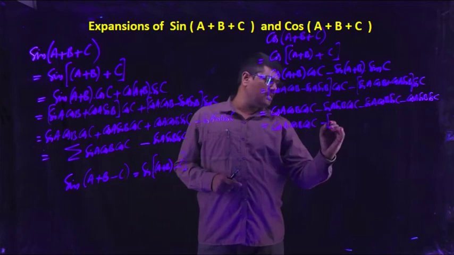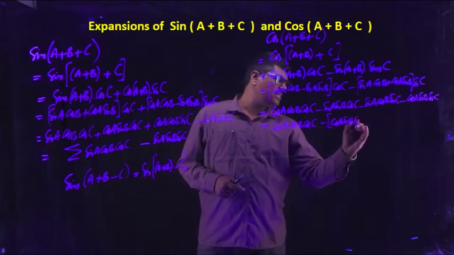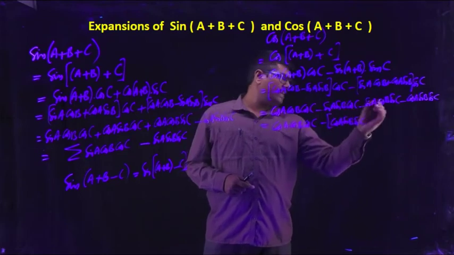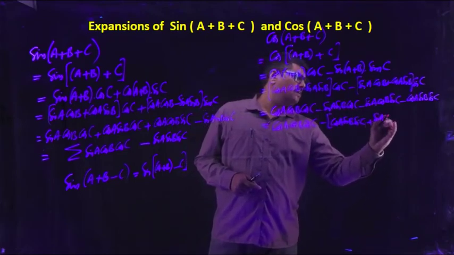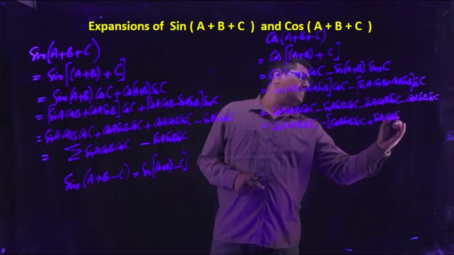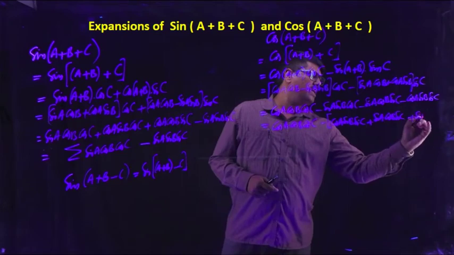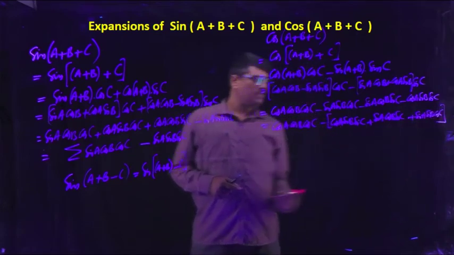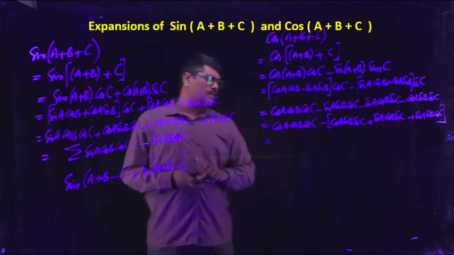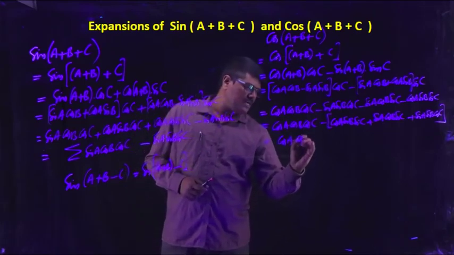First write this one, cos A sin B sin C. Write the second one, plus sin A cos B sin C. Next this one, plus sin A sin B cos C. So cos A cos B cos C remains the same.